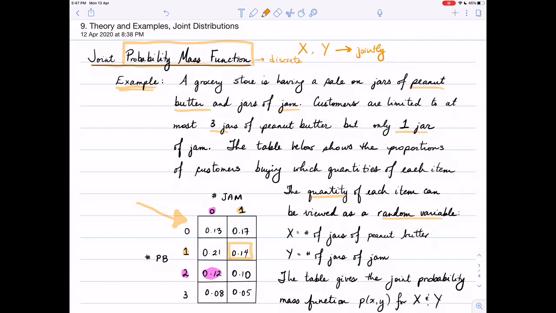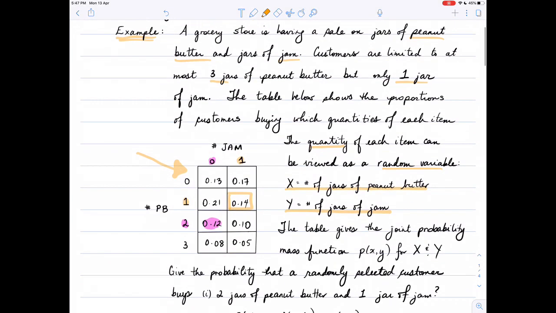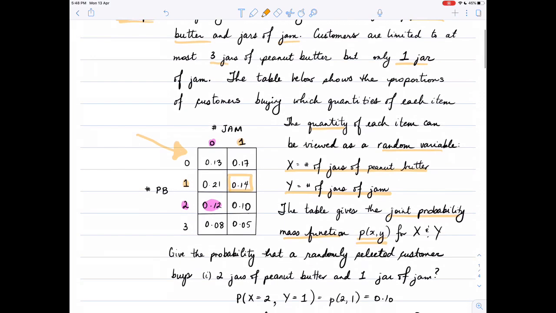So let x be the number of jars of peanut butter bought by a customer, and y the number of jars of jam bought by a customer. This table then gives us the joint probability mass function for x and y, typically notated p(x, y), the joint probabilities for x and y.